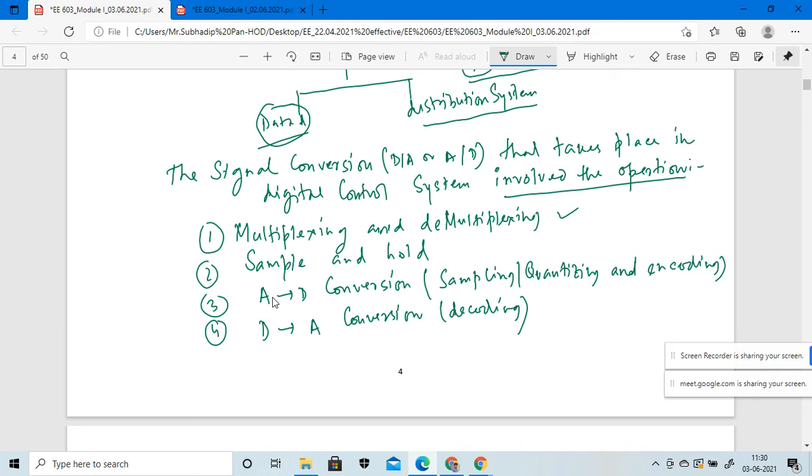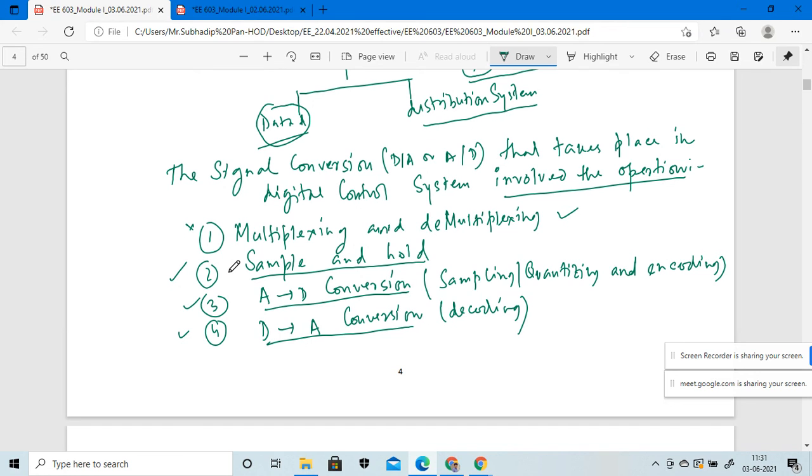We discussed sample and hold, analog to digital conversion and digital to analog conversion in the very previous lecture, so we will not discuss those again. Multiplexing and demultiplexing, we will discuss what the different kinds of operation are and what the aspects of these four operations are in a digital control system, right?